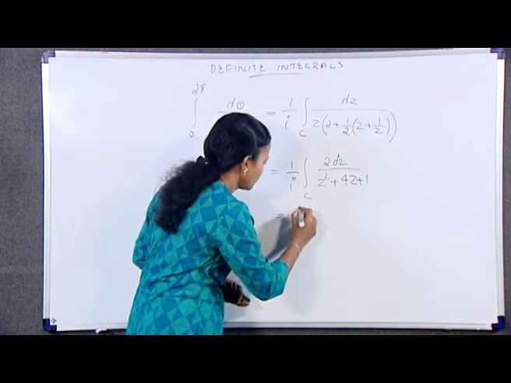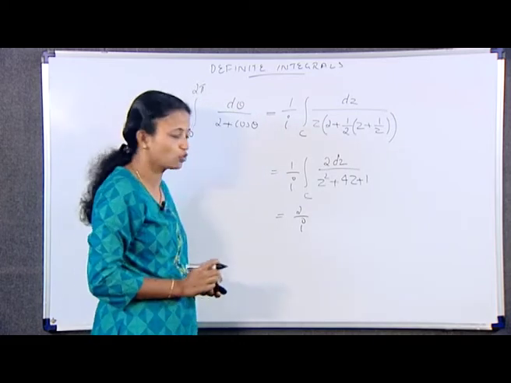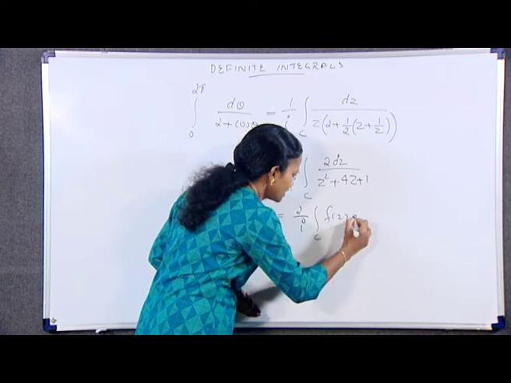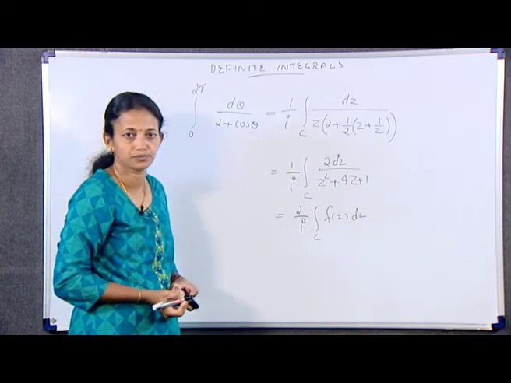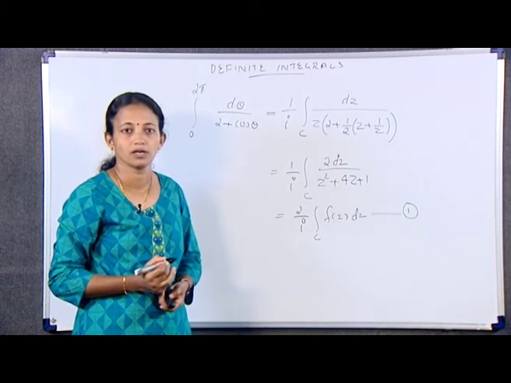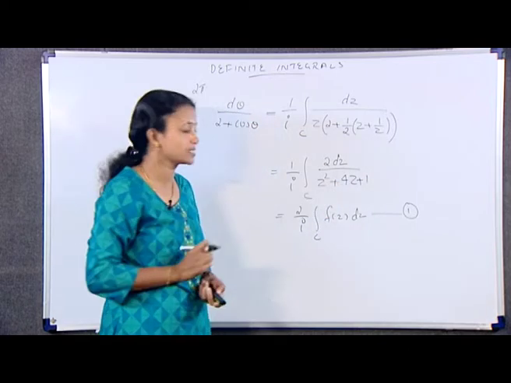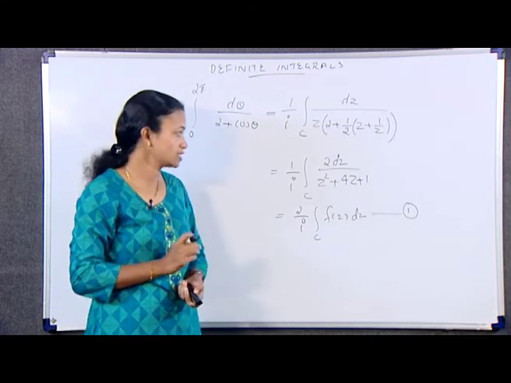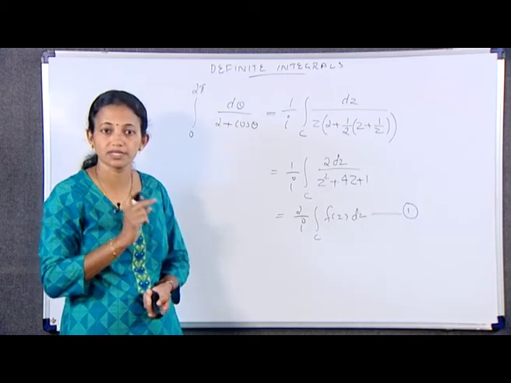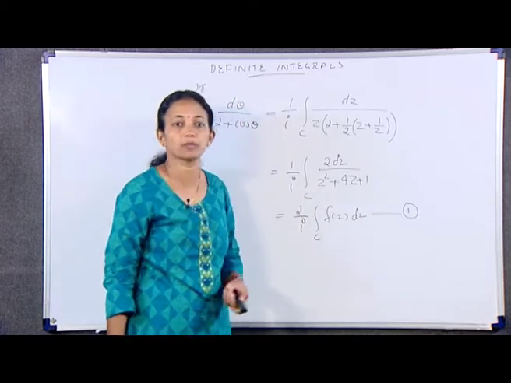This is equal to 2 by i, 2 is a constant, you can take outside, it is 2 by i integral over C f of z dz. Equation number 1, where we let this f of z is equal to 1 by z square plus 4z plus 1.